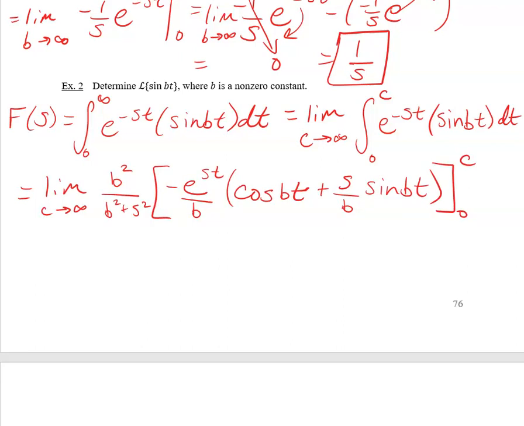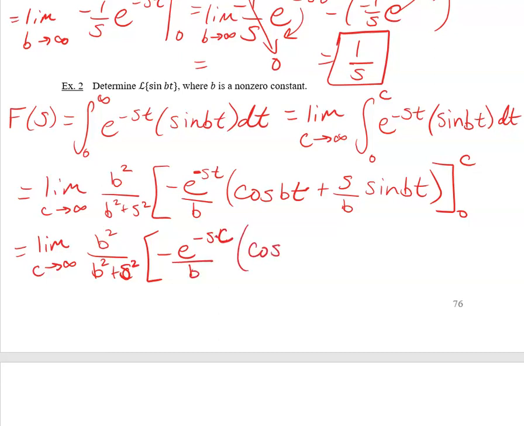All right, so let's replace it with our limits of integration. So we've got the limit again as c approaches infinity of b squared over b squared plus s squared times negative e, oh, you know what, I'm sorry, I missed a negative sign here. Make sure you fill that in. That's very, very important. You'll see why in a second. Negative s times c over b times the cosine of bc.